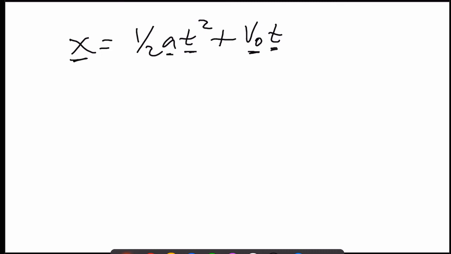Okay? But the point of this is that you should look at this and go, there's calculus in this. Because if I take dx/dt, that is my velocity. It's how fast I'm traveling.